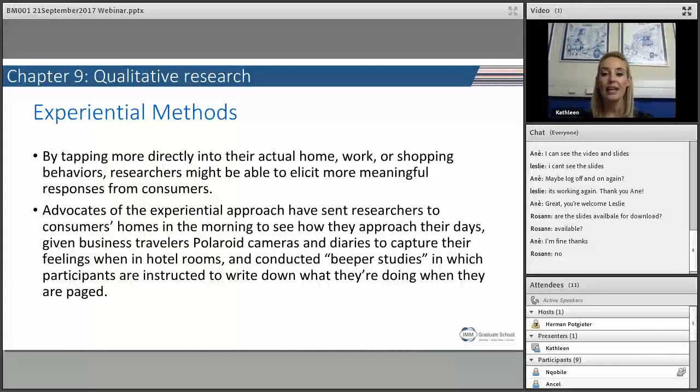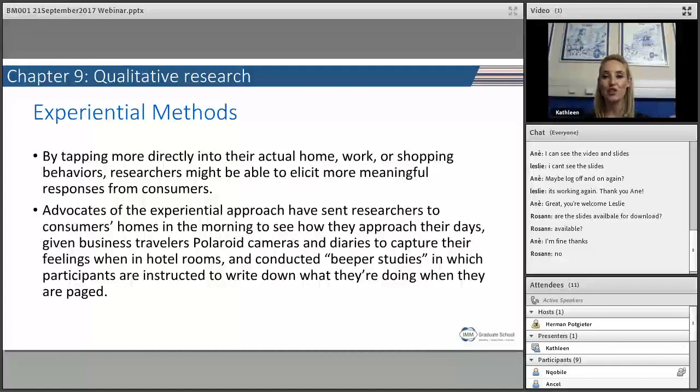And they give an example of this where they say that researchers were sent into consumers' homes in the morning to see how they approach their days. Another example was giving business travelers Polaroid cameras and asking them to diarize what happened throughout their travel using the Polaroid camera.